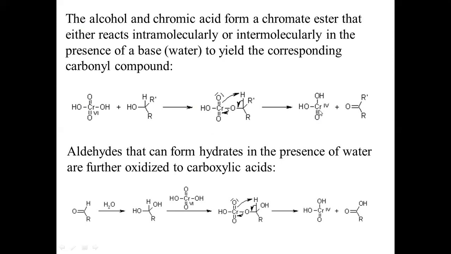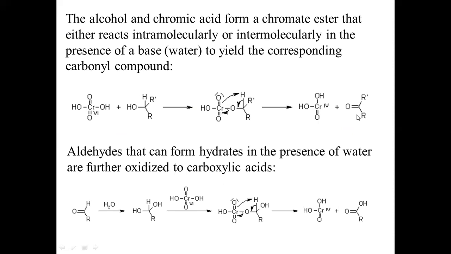Chromium is in +4 oxidation state in H2CrO3. Previously it was 6, now it is 4. That means from 6 to 4, the oxidizing reagent itself got reduced and it oxidizes the alcohols into carbonyl compounds. Here in this case, secondary alcohol is oxidized into the ketone.